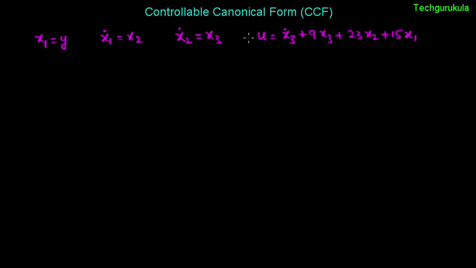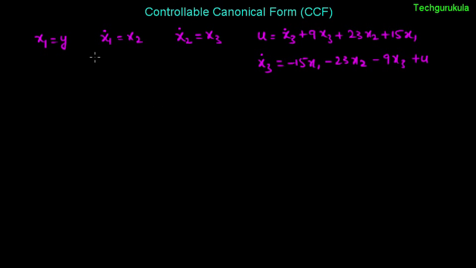We have these 4 equations from the derivation on the previous slide. We can rewrite this expression for x3 dot as minus 15 x1 minus 23 x2 minus 9 x3 plus u.